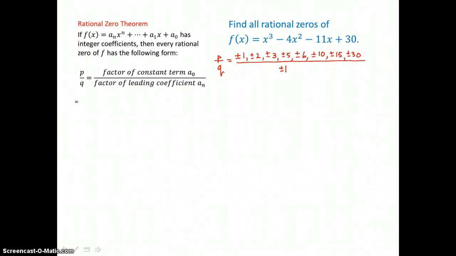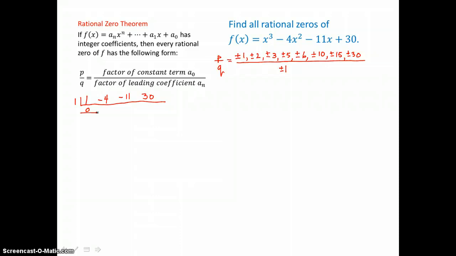Now to find our first zero, we want to use synthetic division, and I'm going to start at the beginning of my list, and I'm going to choose to synthetically divide 1 through the coefficients of my function. Now the coefficients are 1, negative 4, negative 11, and 30. Remember, every degree has to be represented, so I'll check. It's third degree, 3, 2, 1, 0. Every degree is there.